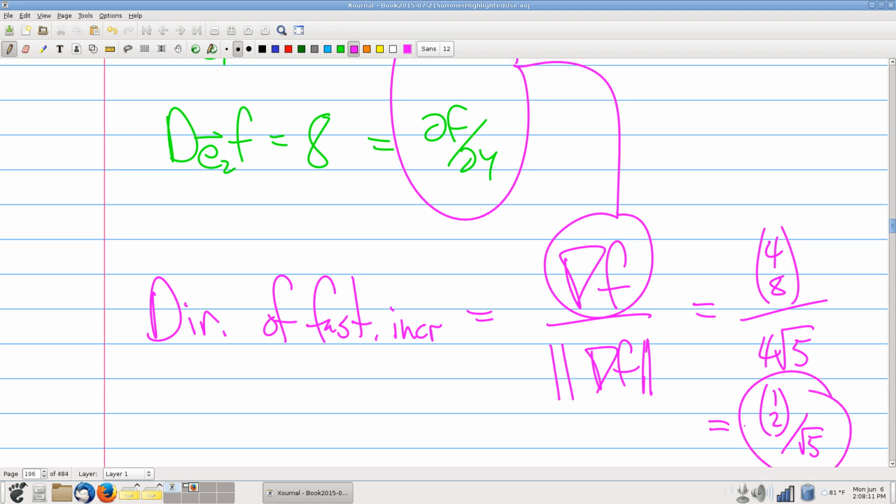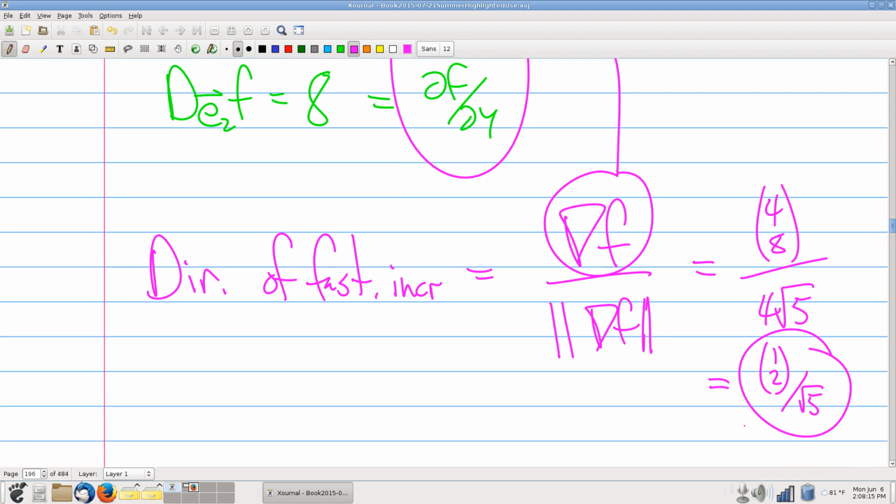Everybody good? By the way, here's a neat trick you can play sometimes. If what you're looking for is a unit vector pointing in the direction of a given vector, feel free to scale that vector however you want with a positive scalar. It doesn't change the direction it's pointing.